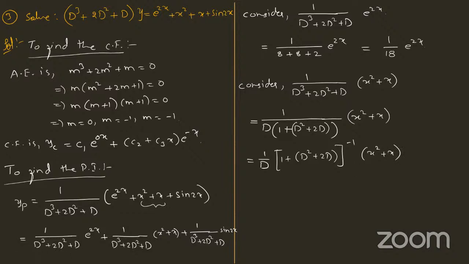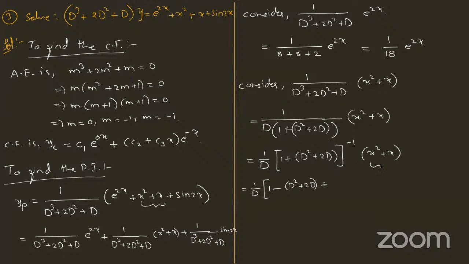Right? Now if I just expand this, let me write this 1 by D as it is. And if you expand it, it's like 1 plus x whole to the power of minus 1. If you expand that, what happens? You get 1 minus x, which is D square plus 2D, then plus one point here. Up to what term should we consider this? It's a series expansion. So up to which degree term do you need to take this?